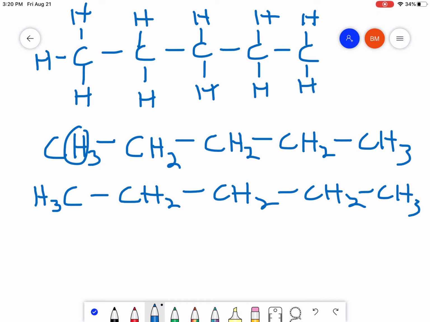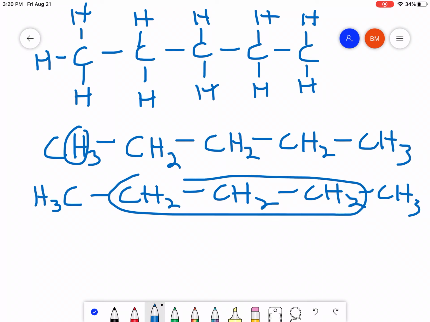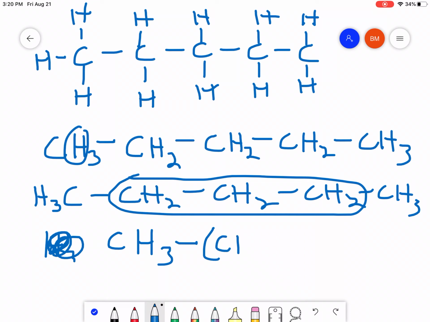Also, though, like I said, we can use parentheses to our advantage. One of the things we said we can do with parentheses is use them on similar groups in a series. And we can see that we have 3 CH2 groups all in a row here, right? So one thing we can do is just say we have the initial CH3 group, and then in the chain you have 3 CH2 groups in a row.